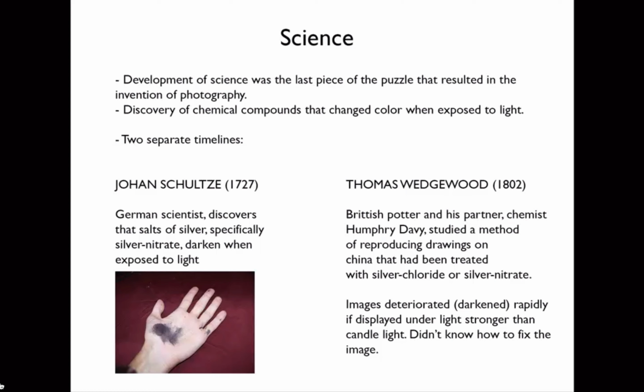They also used silver chloride or silver nitrate, the same salt that Johann Schulze used, to transfer drawings and images repeatedly onto china, so the pattern would be the same from one piece to the other. However, the images deteriorated really fast, meaning they would turn black. If the china was shown under strong light, the images would just turn black, so they didn't know how to fix the image.